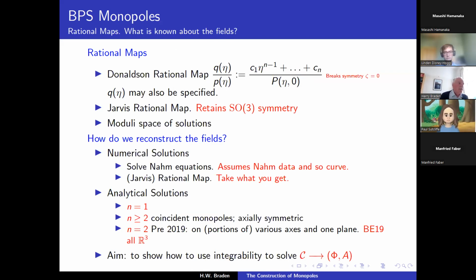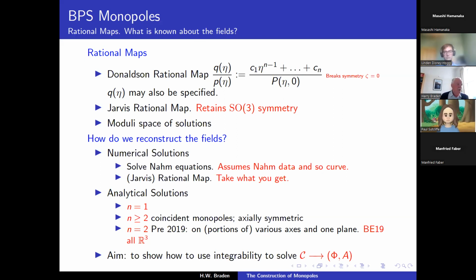Well, what can we say about the fields? I haven't had time to tell you about rational maps. There are 2 rational maps that we can associate with monopoles, the Donaldson rational map and the Jarvis rational map. Because of time, I won't describe those in more detail. How do we reconstruct the fields?